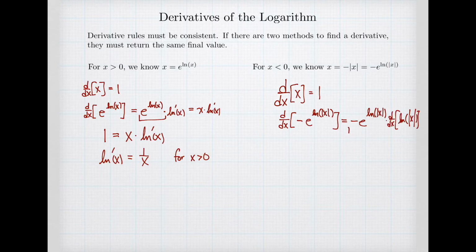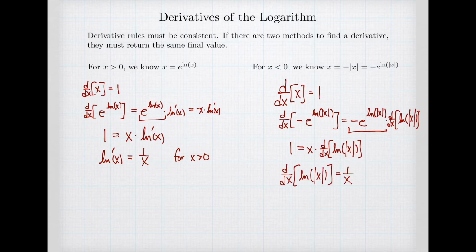Now, negative e to the natural log of the absolute value, that's just x. So I get an equation: 1 equals x times the derivative of the natural log of the absolute value of x. So I can solve for the derivative, and what I've found is a new formula.